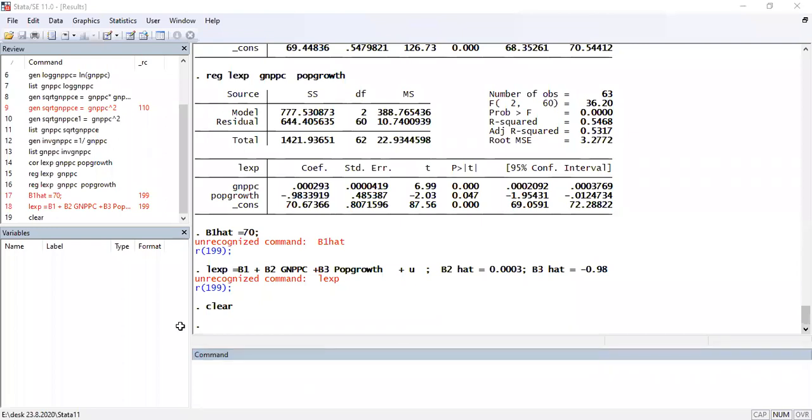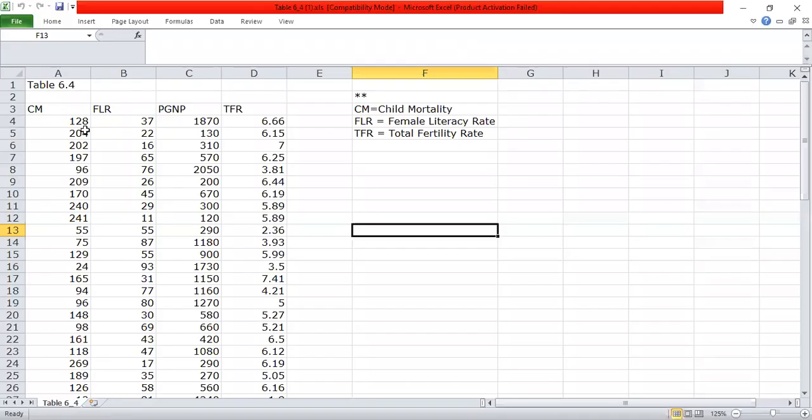Here, I have this table. You already have that table. Maybe I can show. So you see this table. Can you see the table now? It's CM, FLR, PGNP, TFR.